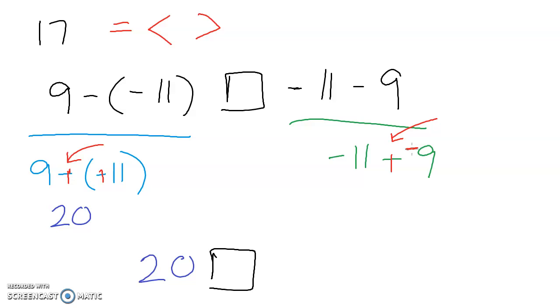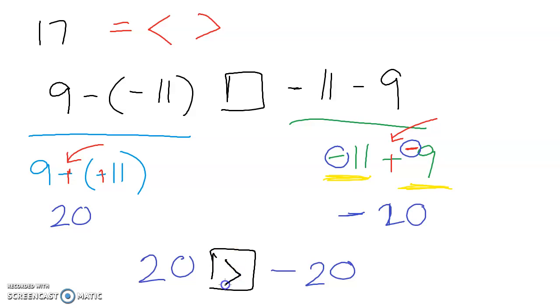Again, we have numbers that have the same sign, so you're going to add the numbers to get 20, and then you keep the original sign. In this case, the original sign before you did that addition is subtraction. So on the right side, you'll have a negative 20. So for part B, you should have written the greater than sign.